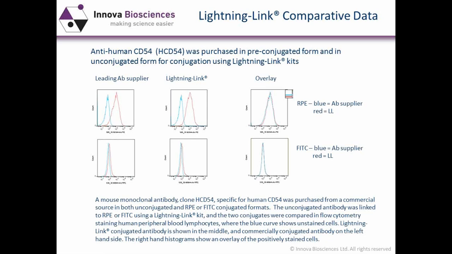Top left, a directly conjugated antibody purchased from a leading antibody manufacturer. In the middle at the top, the Lightning-Link conjugate, and overlaid top right to show these are exactly the same result. And then using fluorescein, you will see that actually taking the same approach of a commercial antibody with a Lightning-Link conjugate, you'll see exactly the same results, but very, very weak staining, simply reflecting the fact that fluorescein is a much less bright dye.